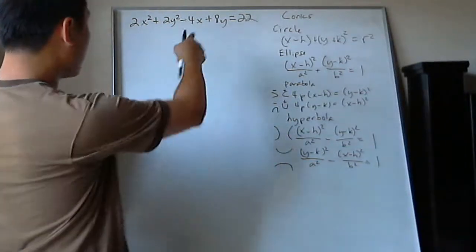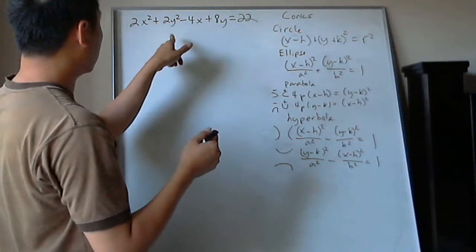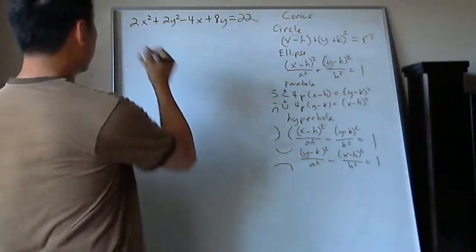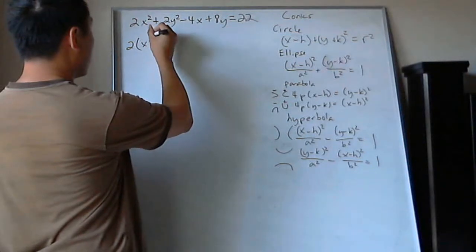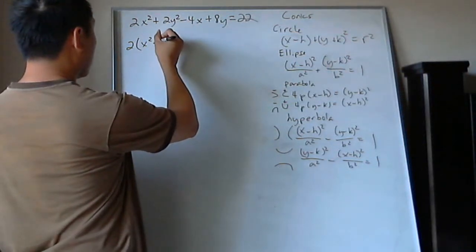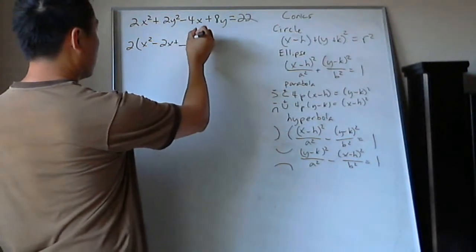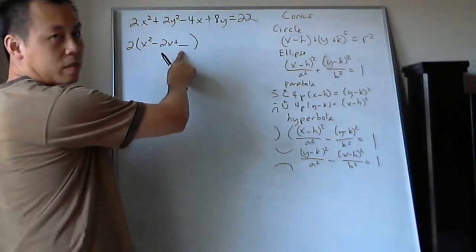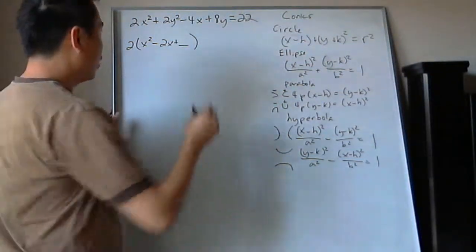Okay, so let's start off with factoring out the 2 for x and y. Let's group these. X squared minus 4x, so it'll be minus 2x plus, and when I complete the square, I like to put a little space here so I know what I have to fill in, and I complete it on the other side so you don't forget.